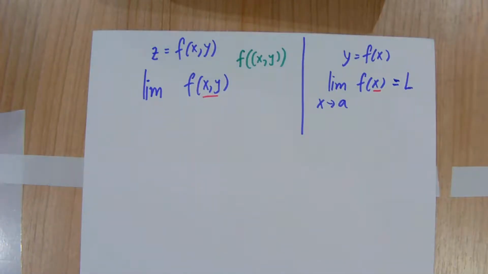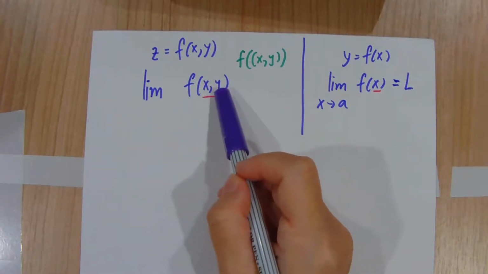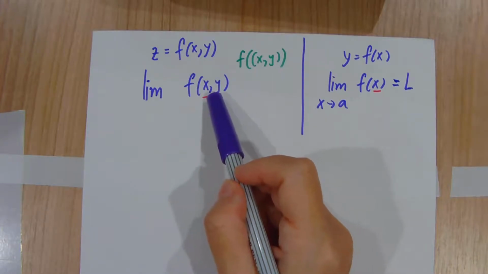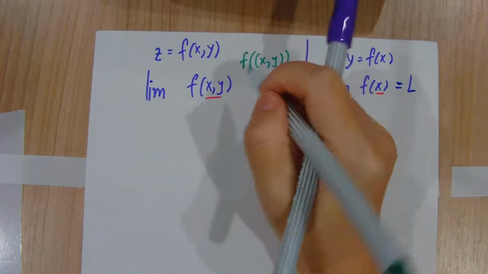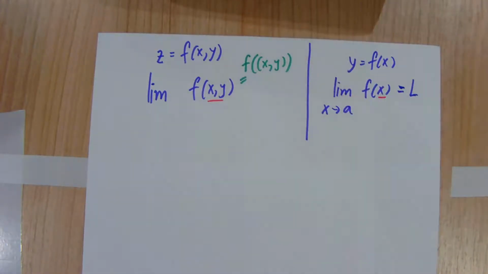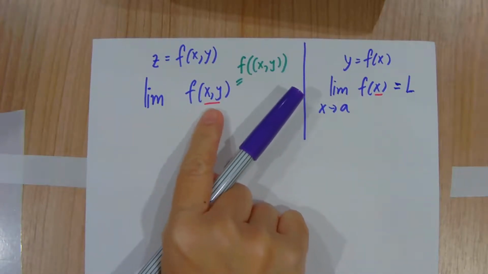But it's more complicated to see, so we can write just f of the point xy, but we already know that xy is just the coordinate. So both are the same, so we can omit one pair of the parentheses, okay? So just leave only f of xy.